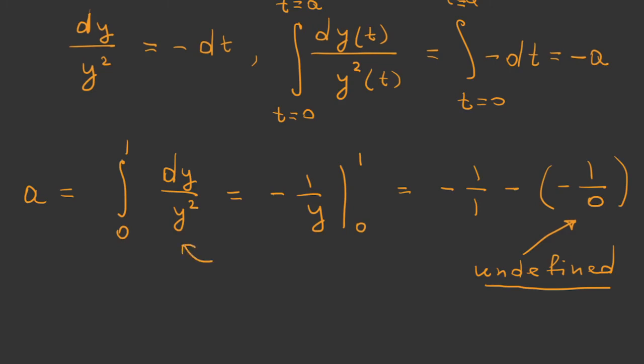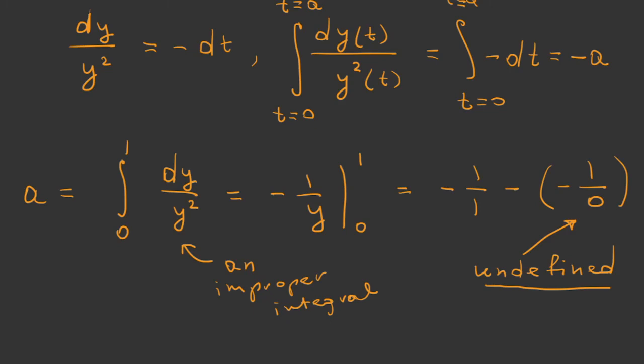So this integral is actually an improper integral. These are first signs that there is something interesting going on here. We're not able to determine the amount of time it's going to take for the object to arrive at the equilibrium position.